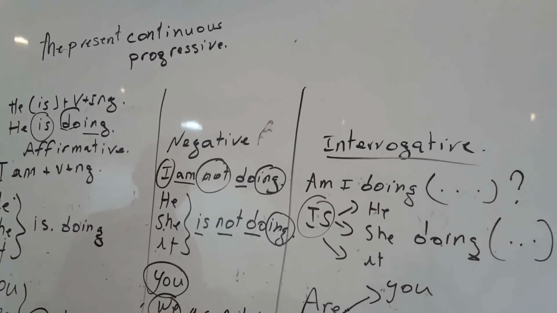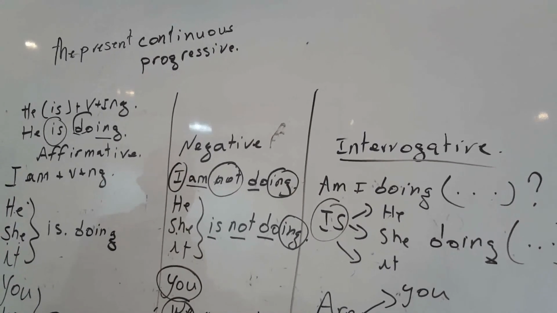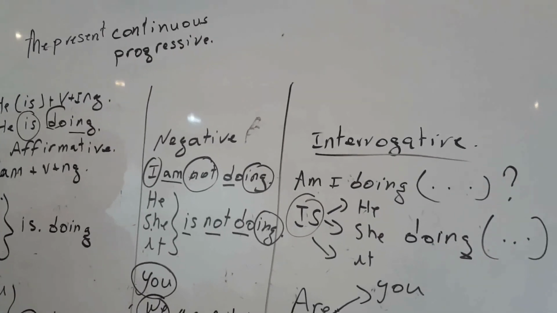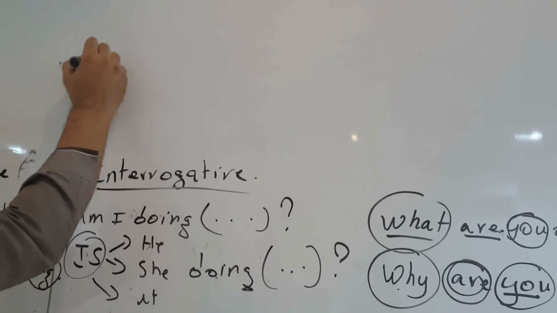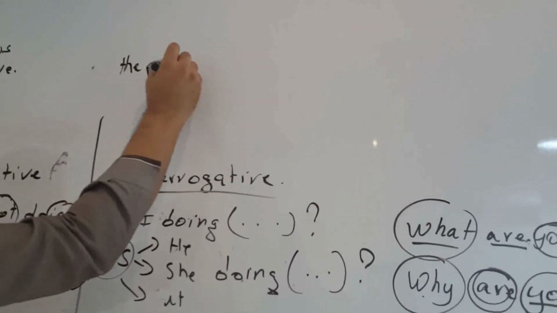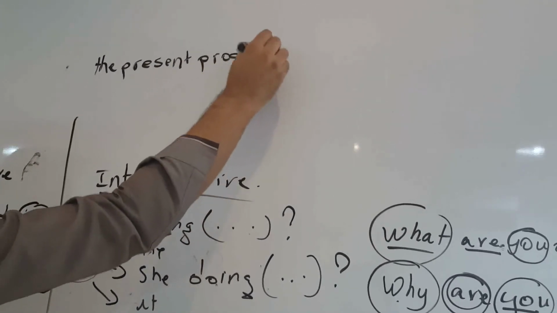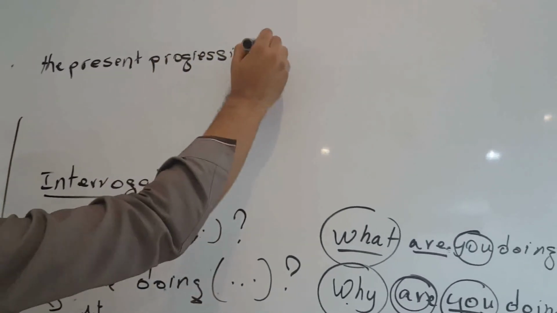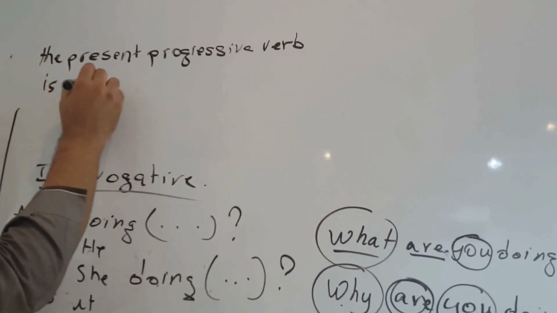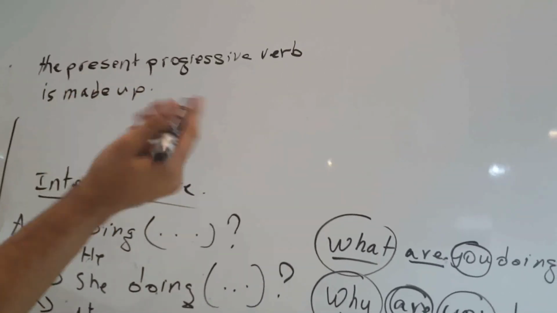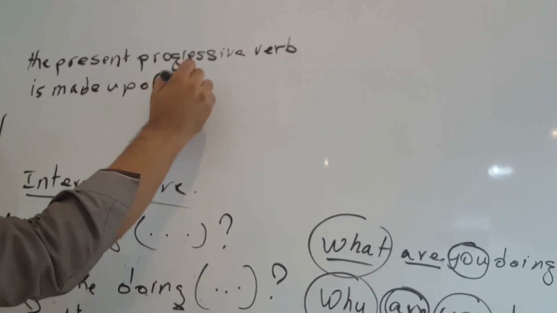The present continuous verb is made up of two parts. The first part is "to be," and the second part is the verb plus the "ing" form. Okay, I'm going to write it to be clearer for you. So here, the present continuous or present progressive verb is composed of two parts.